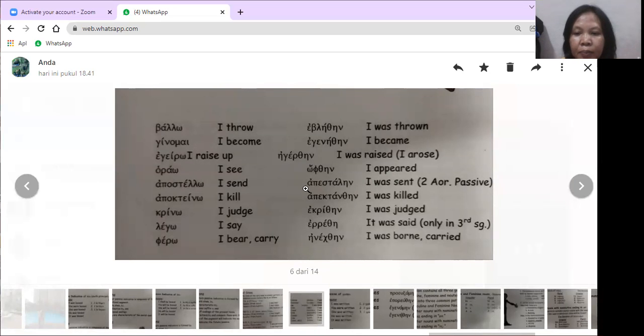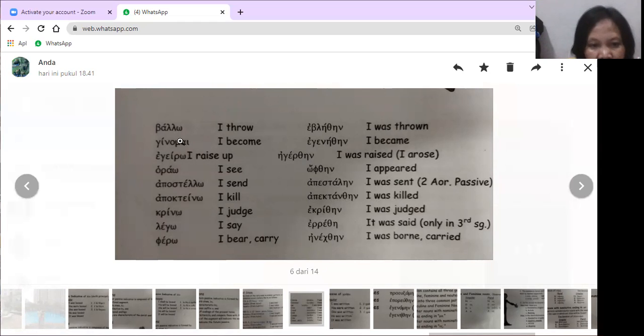In the second aorist passive, apestalen, I was sent. Apokteino, I kill. In the aorist, apektanthen, I was killed.